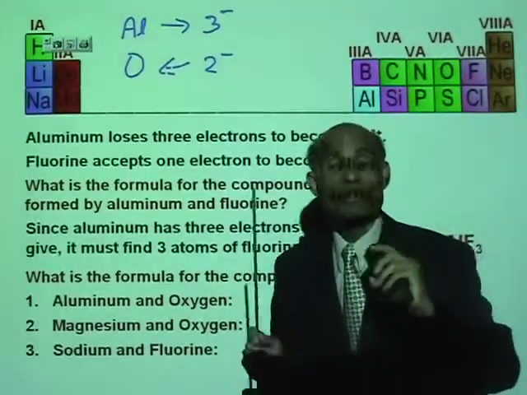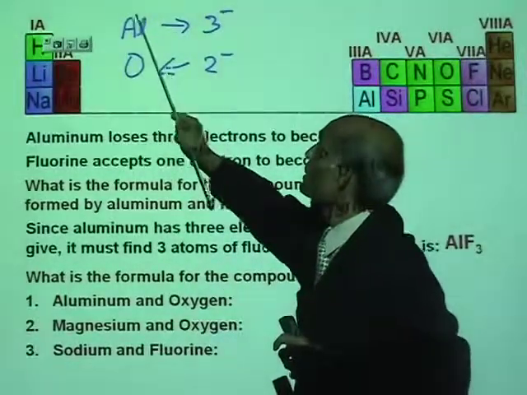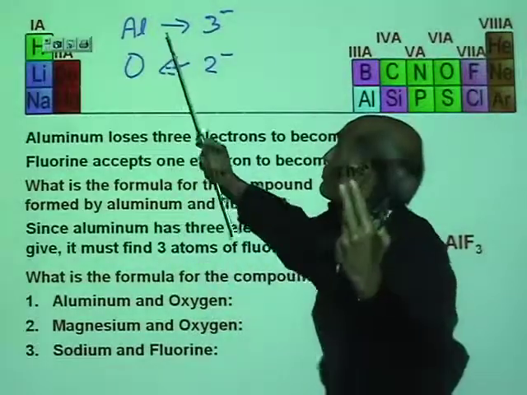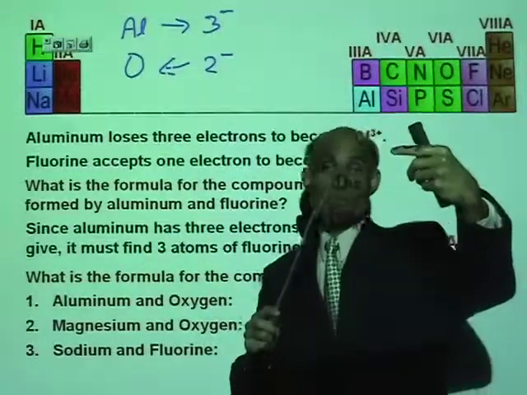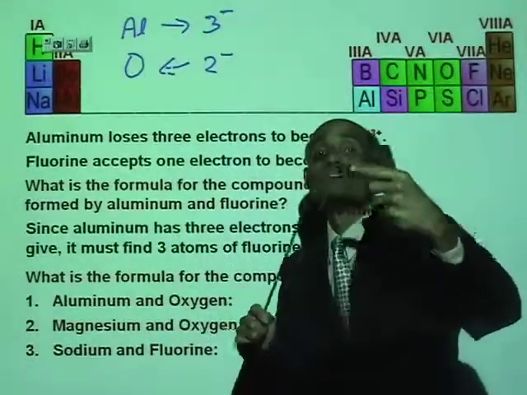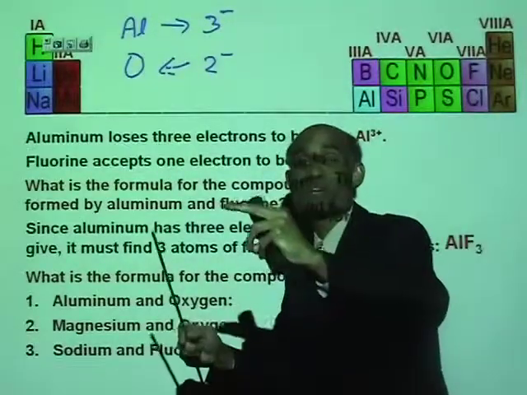It is 6. So look for number 6. That means you now need 2 aluminum atoms, so that 2 aluminum atoms together have how many electrons to give? 2 aluminum atoms together have 6 electrons to give.